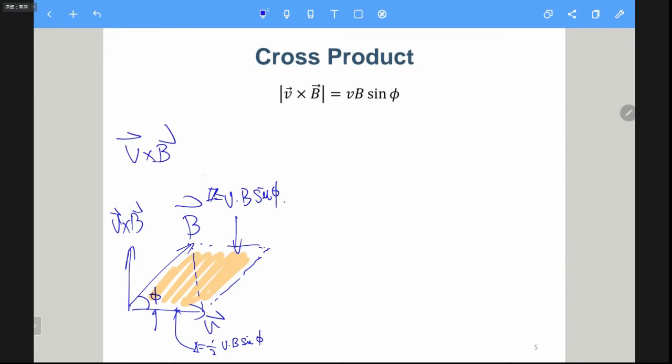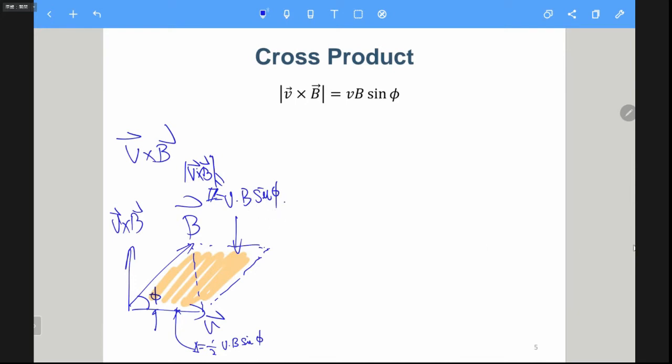So this is the magnitude of the cross product. The magnitude of the cross product is actually the area of this parallelogram, V B sine phi. This is the geometric meaning of the cross product.